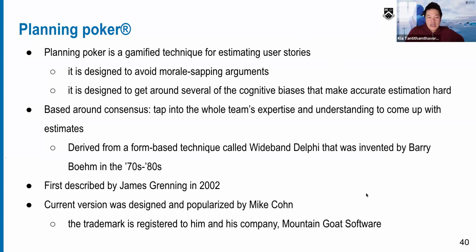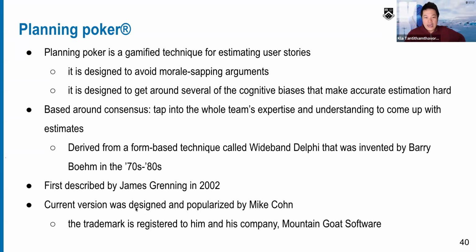It is derived from a form-based technique called Wideband Delphi that was invented by Barry Boehm in the 1970s and 1980s. Just in case you don't know, Barry Boehm was a top professor, but he has already passed away, from the University of Southern California, USC, in the USA.